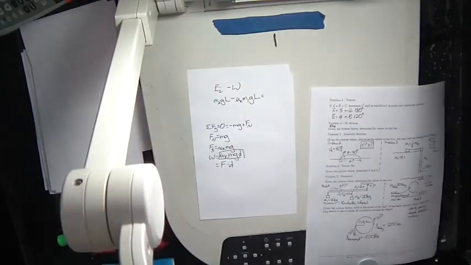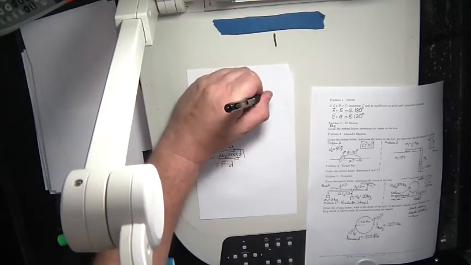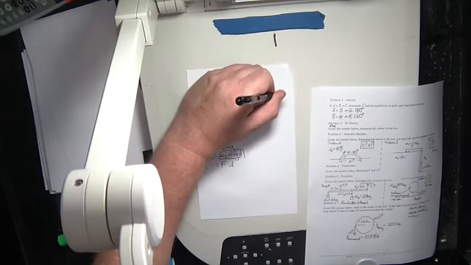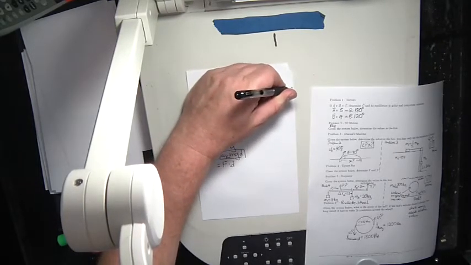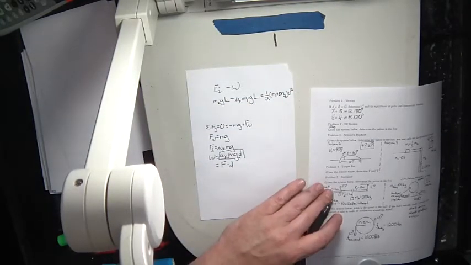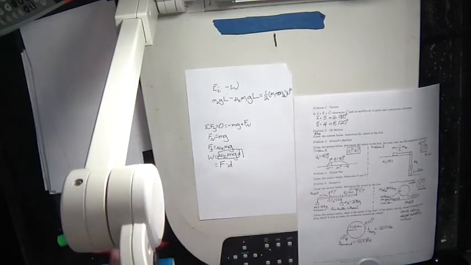Then at the end of the motion, there is no potential energy anywhere in the system. It's all kinetic, 1/2 (m1 plus m2) v squared. All the numbers were given except for M1 and M2. They were given as a ratio.